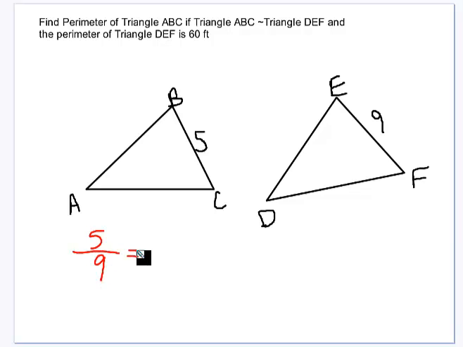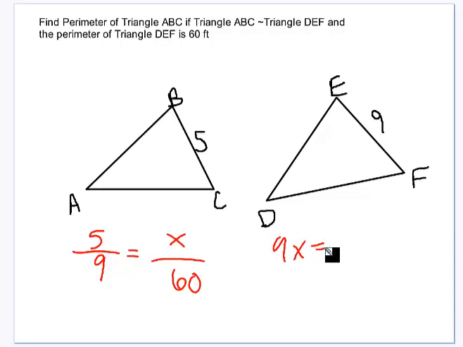Which triangle are we trying to find the perimeter for? ABC. And that's our one with 5, so we'll put the x with the 5. And then what's the perimeter of DEF? 60, so we'll put the perimeter of DEF with our side that came from DEF. So 5 over 9 equals x over 60.